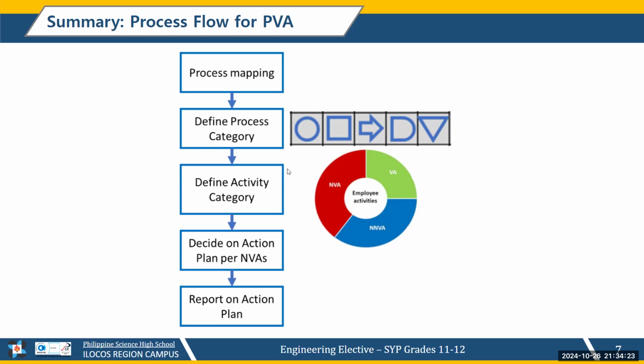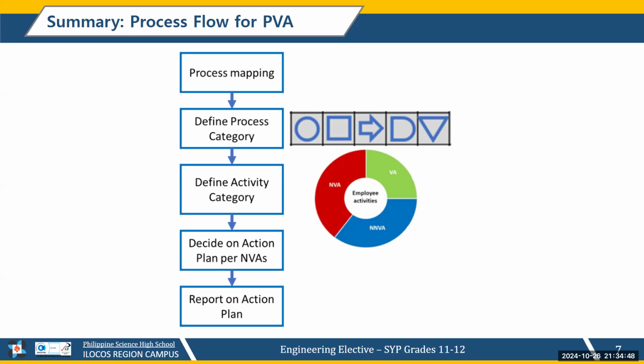After defining the process category, we are going to classify the activity as VA, NVA, or NNVA. And then if we have identified an activity as NVA, we are going to decide what will be our action for that step. So are we going to eliminate it? Are we going to reduce it?